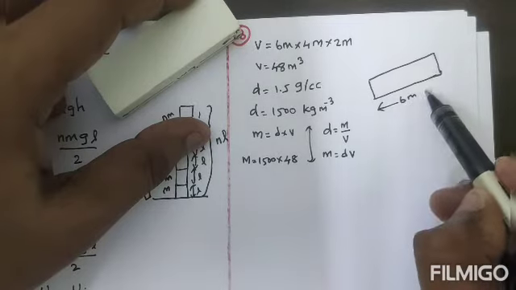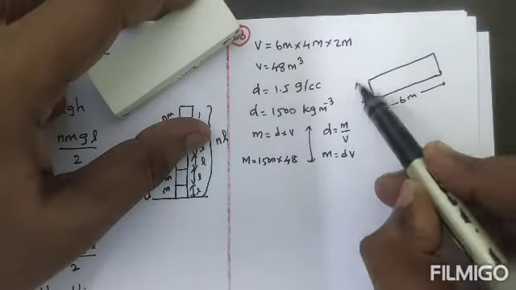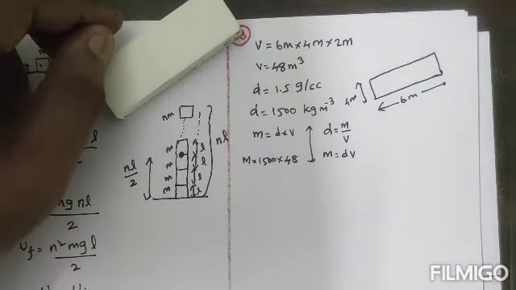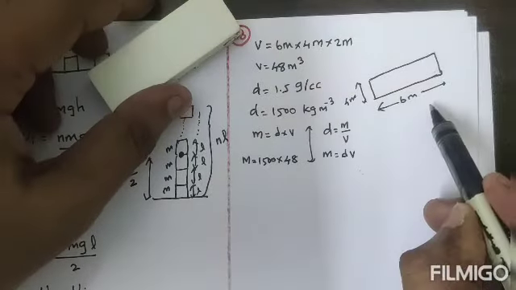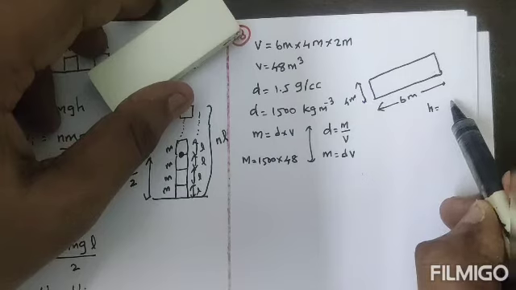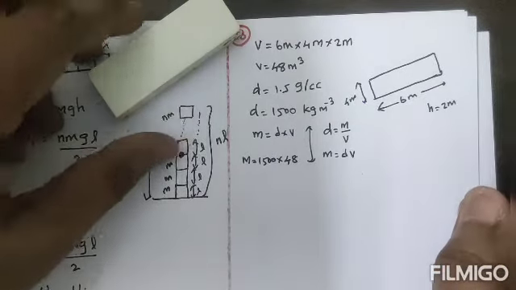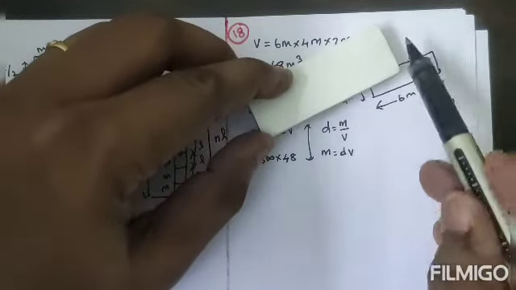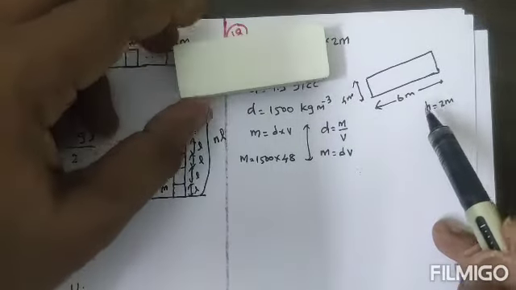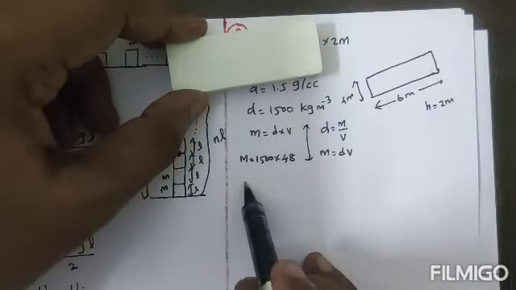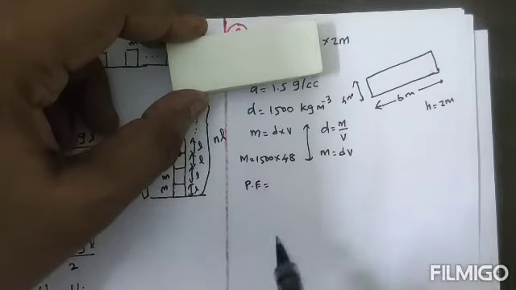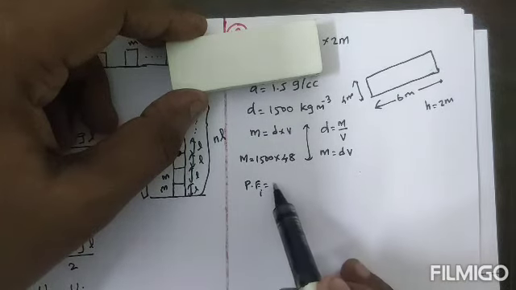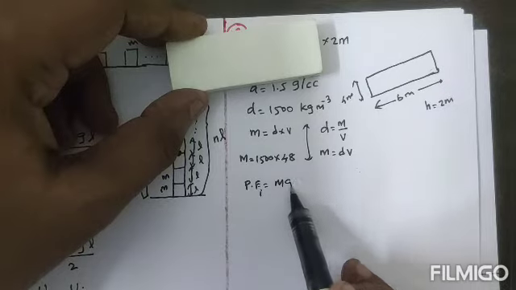In this first case, the height is 2 meter: 6 meter length, height 2 meter, width 4 meter. In this situation, I'll take the initial potential energy. The general formula for potential energy is mgh.